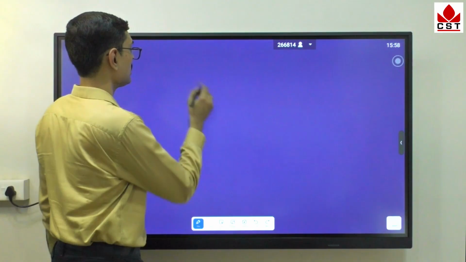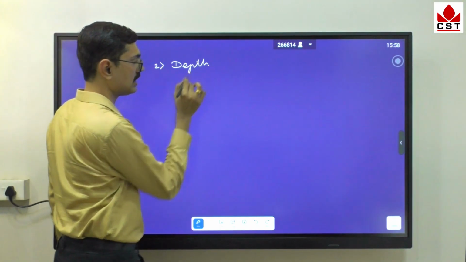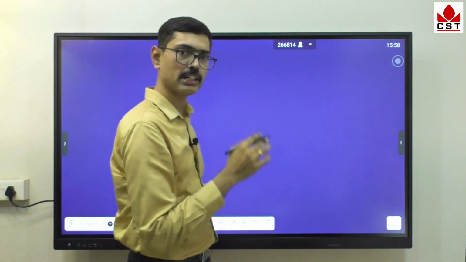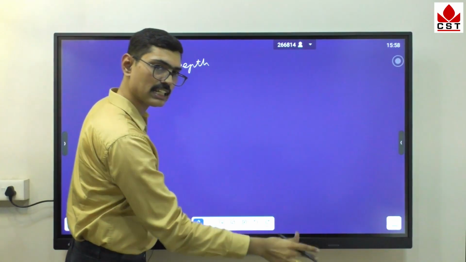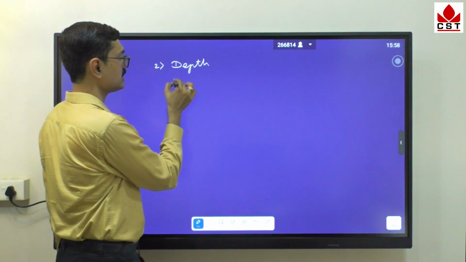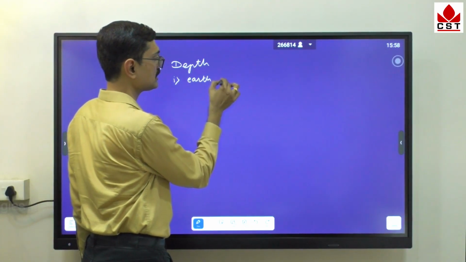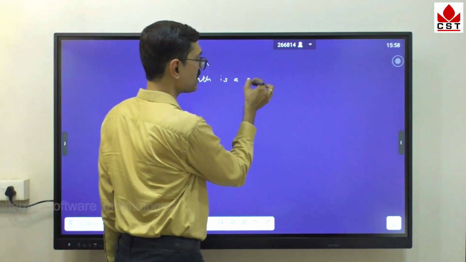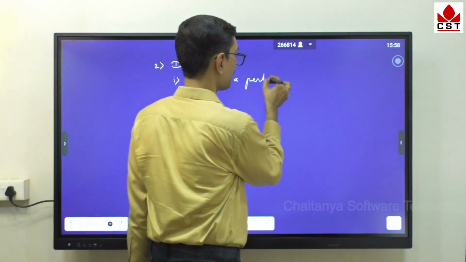So the second part is for depth. The depth formula is basically the normal condition, an approximate formula. We have to consider so many things to calculate this depth part. First, that Earth is a complete sphere. Earth is spherical, we know, but it is not a perfect sphere.